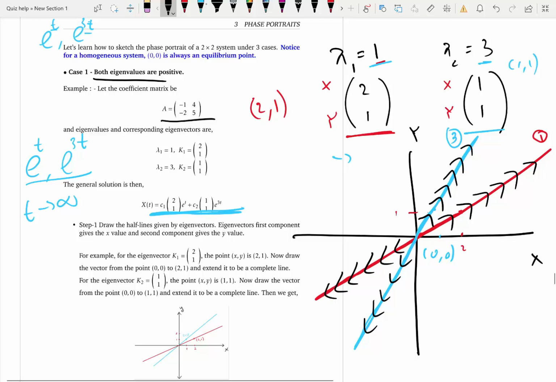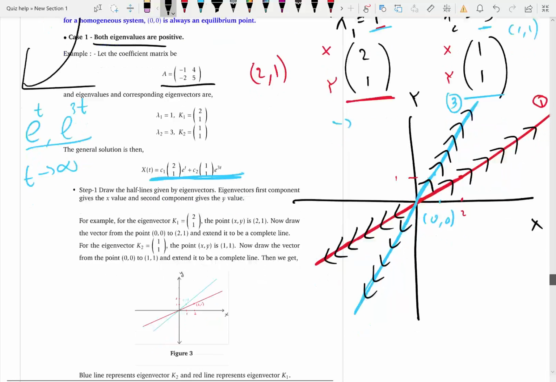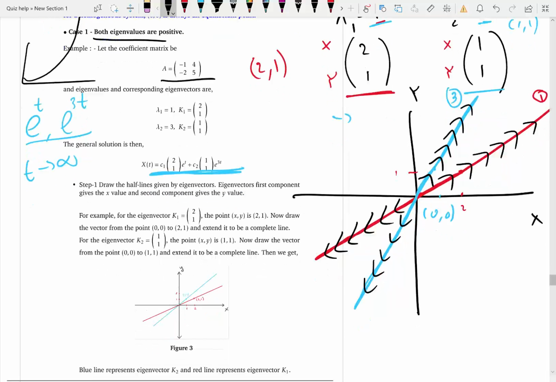That's a better way to put it. So when both eigenvalues are positive, the arrows go away, because the graphs of e^t and e^(3t) look like exponential growth when t goes to infinity. Good. Now we want to discuss what happens to the other trajectories.